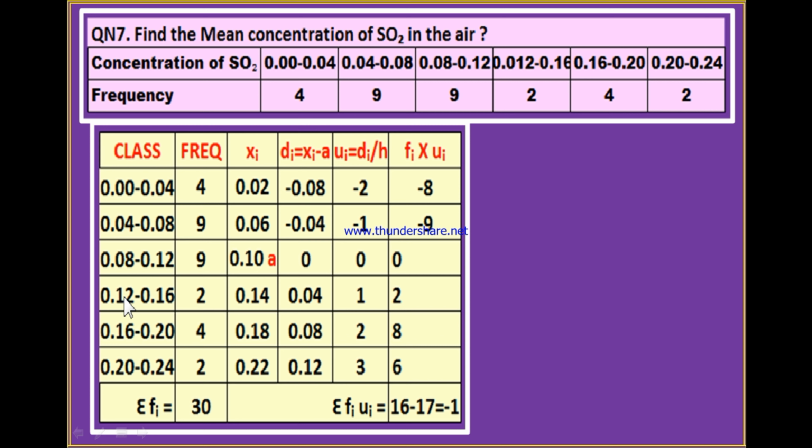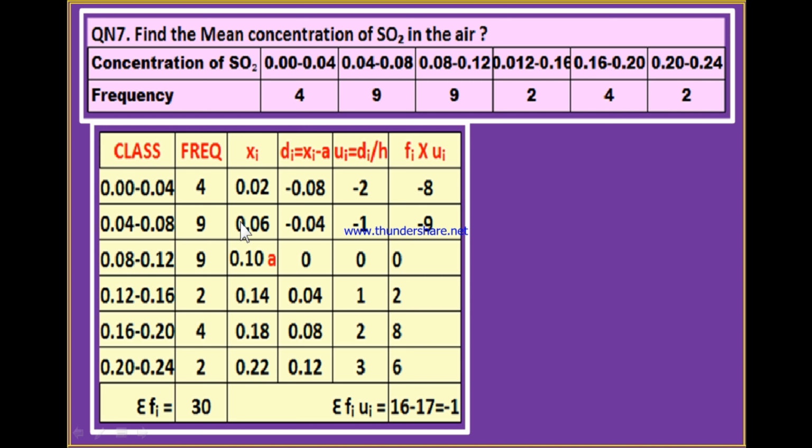Isn't it? Similarly, 0.12 to 0.16, if we add these two, you will get 0.28. 0.28 divided by 2 is 0.14. For this class, how to find class mark? 0.16 plus 0.20 is 0.36. 0.36 divided by 2 is 0.18. 0.20 plus 0.24 is 0.44. 0.44 divided by 2 is 0.22.